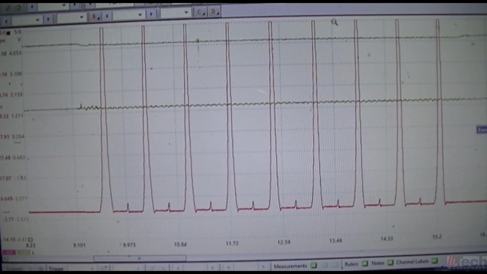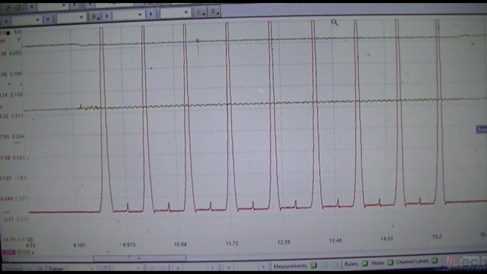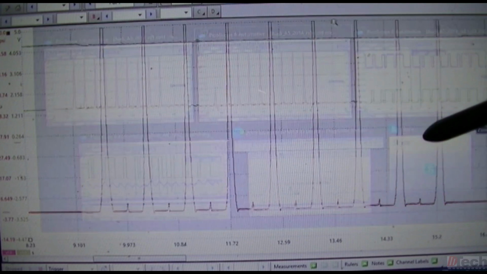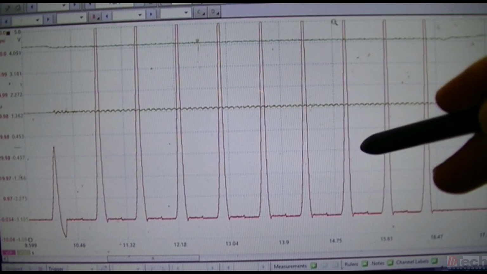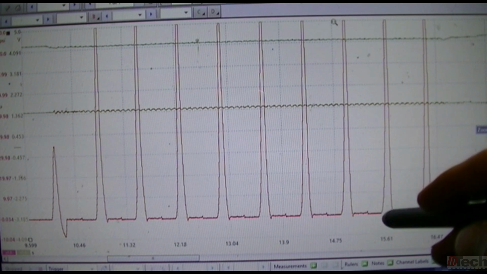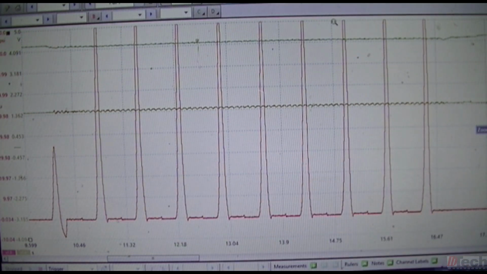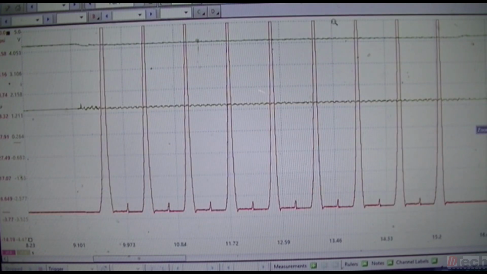Okay, so I wanted to get you a shot of the waveforms for both banks, bank 1 and bank 2, of the cranking in cylinders number 1 and number 5. Right away, here at about the same zoom level, we are looking at cylinder 1, bank 1, and this is cylinder 5, bank 2. You can tell right away towards the bottom that there is a difference from bank to bank.